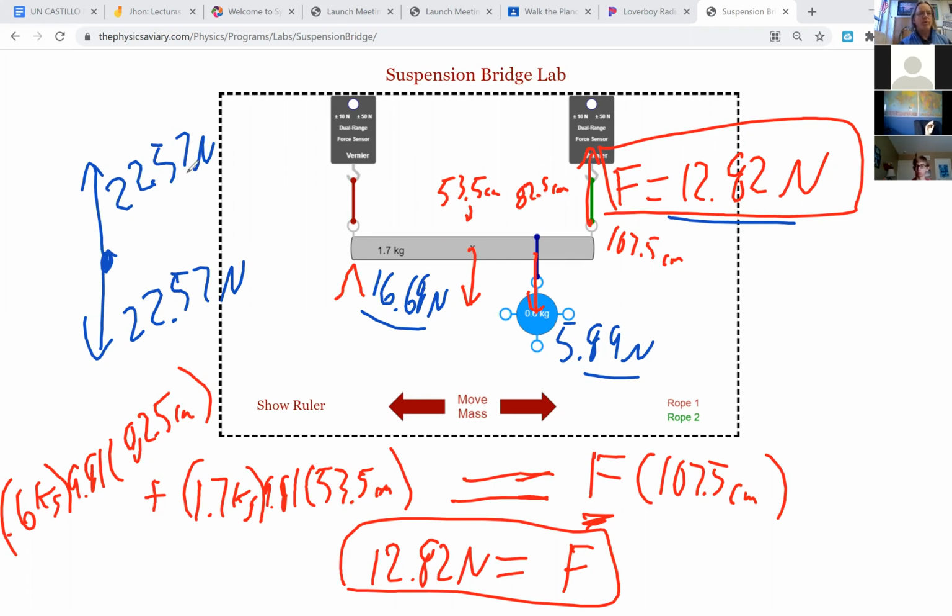All I do is subtract that 12.82 from that total. And that means what I have left over on this side is 9.75 newtons. And boom, that's the tension on that side.